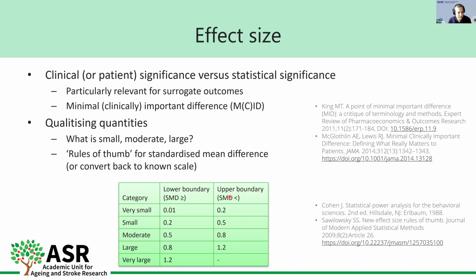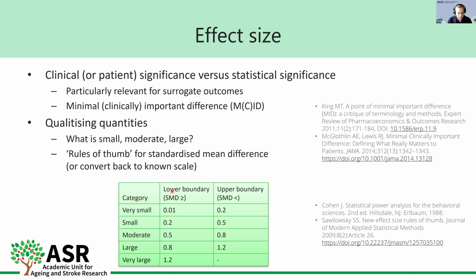If it's a continuous scale that you're looking at, there are a number of rules of thumb, such as these for a standardized mean difference. If you're looking at a binary outcome, a meta-analysis will often be done in terms of an odds ratio or a risk ratio, but it's often worth converting that into an absolute difference.